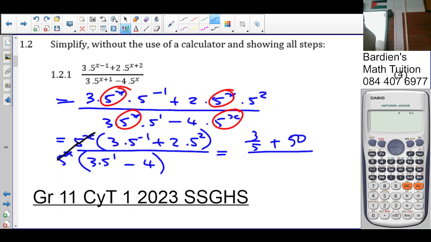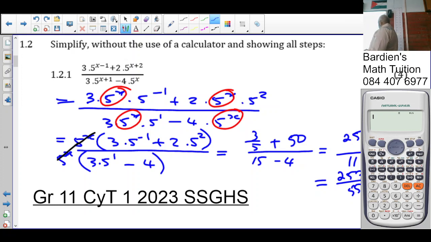Leaves you with 3 over 5 plus 5 squared, which is 25, times 2 is 50. Is that correct? Over 15 minus 4. Okay, 15 minus 4 of course is 11. That's going to give me 253 over 5, so it's 253 over 55. Is that correct? Now it simplifies into, I think it was, 23 over 5.